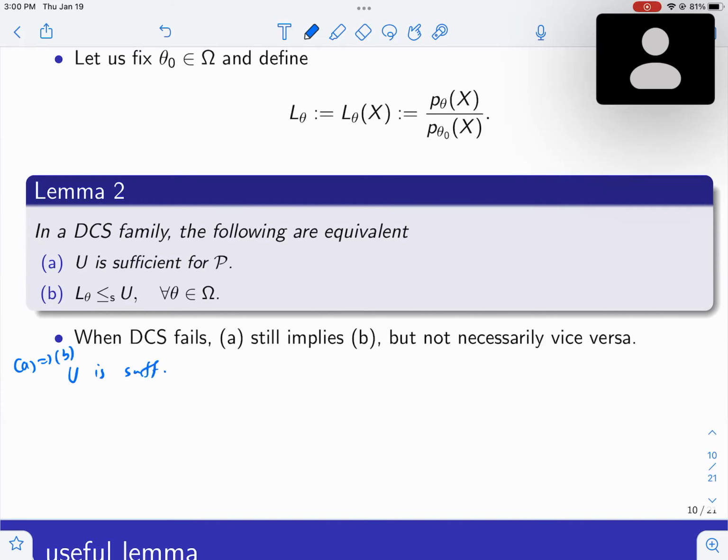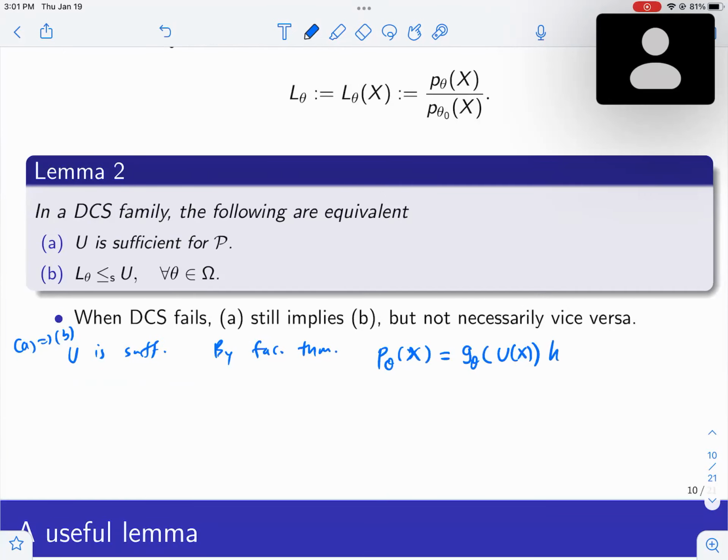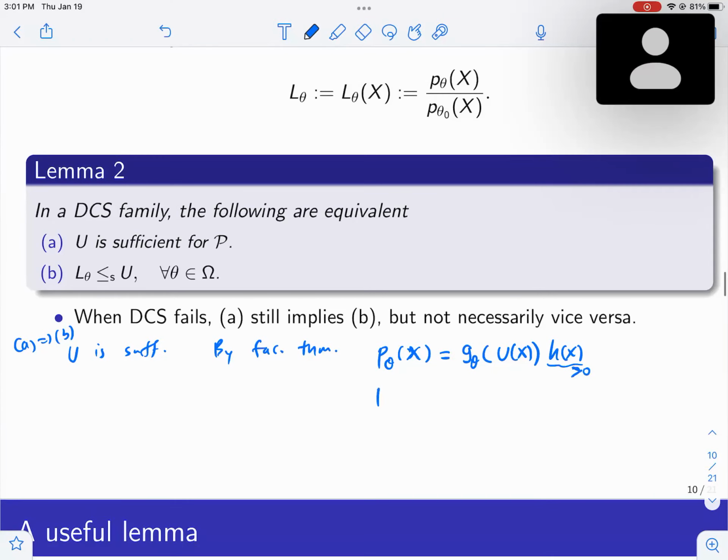U is sufficient. So by the factorization theorem, I can write P theta of X, capital X if you want, as G theta of U of X, U is a function of X, times H of X. I can work on the common support so that this is positive, so I don't have to worry about almost surely or dividing by zero. This holds for all theta, so P theta naught of X is also of this form.